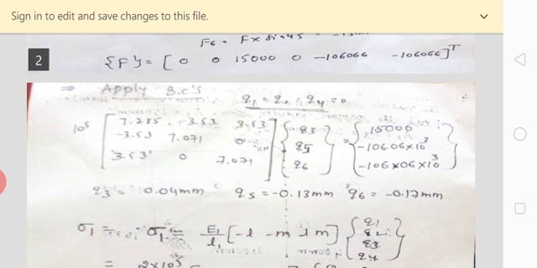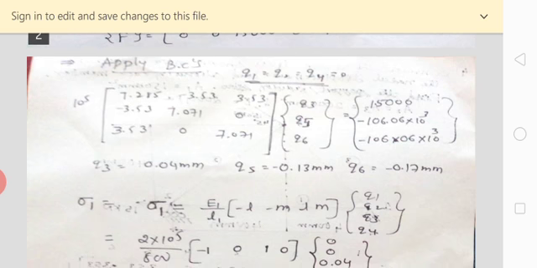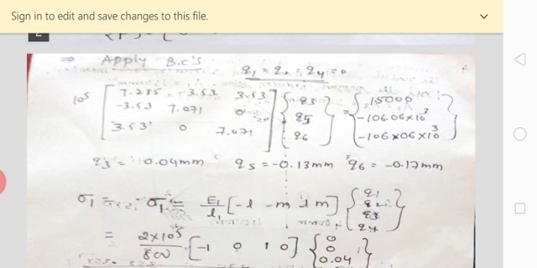You got 10 to the power of 5 times the matrix of 7.285, 3.53, 3.53, minus 3.53, 7.071, 3.53, 0, 7.013. The remaining displacement values are Q3, Q5, Q6, and the forces are 15,000 along with minus 1,06,066, as I have written in terms of 10 to the power of multiples.